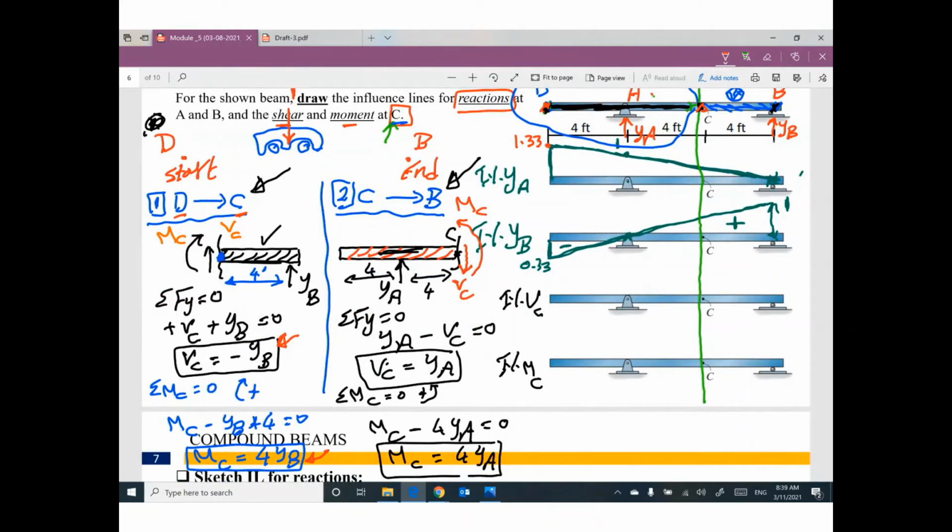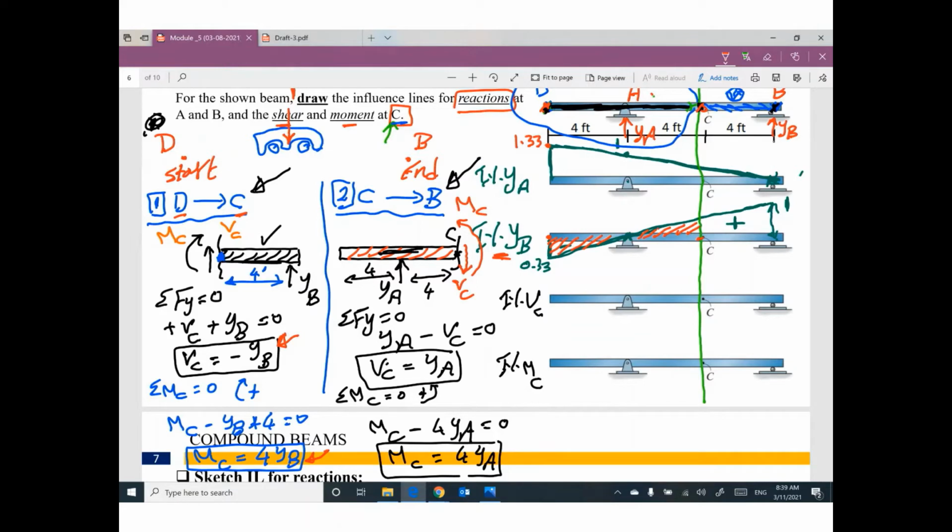Where is YB from D to C? Here is YB. I think you are talking about this little diagram.